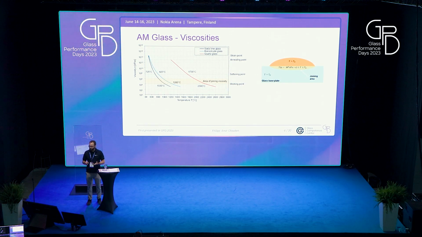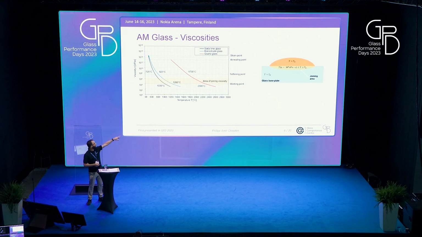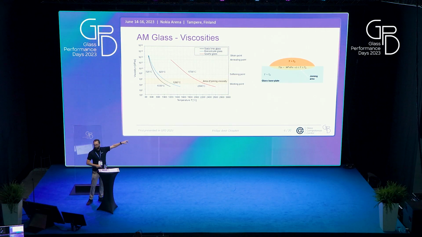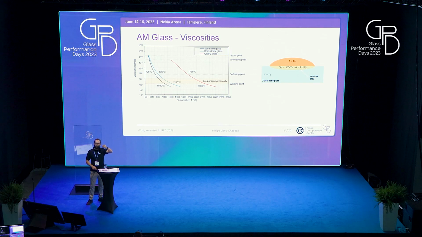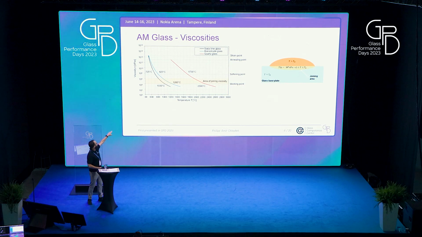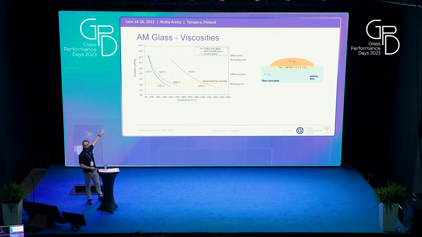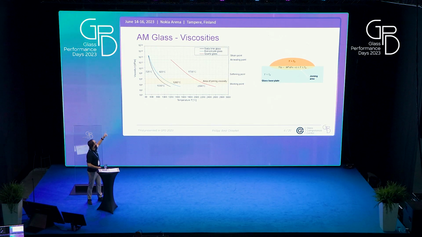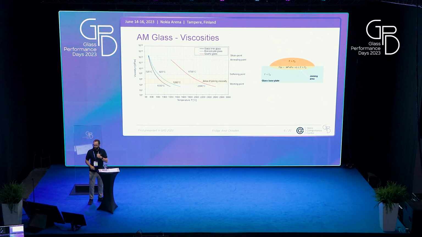If you have a glass plate here on the right side and we want to fuse glass onto that glass, we need to have a joining viscosity at that point. This viscosity is somewhere in the area between 10 to the power of 4 and 10 to the power of 6 decipascal seconds. And this is what we need to generate a joint.